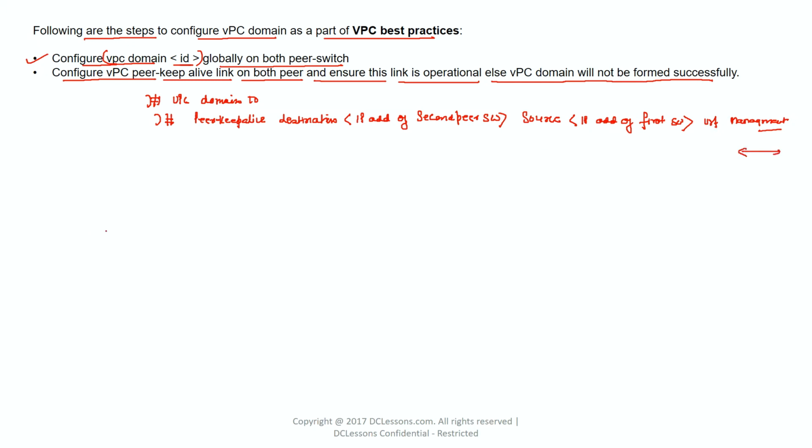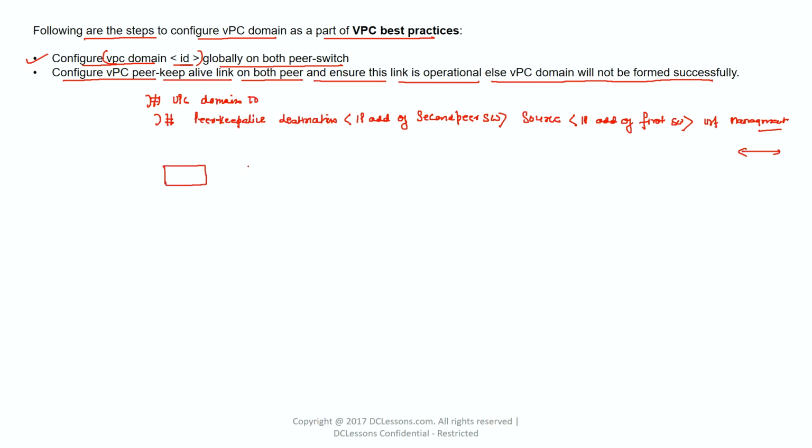Now, when the VPC domain ID is the same on both peer switches, what will happen? The VPC system will generate a virtual VPC system MAC address which is the same on both peer devices.